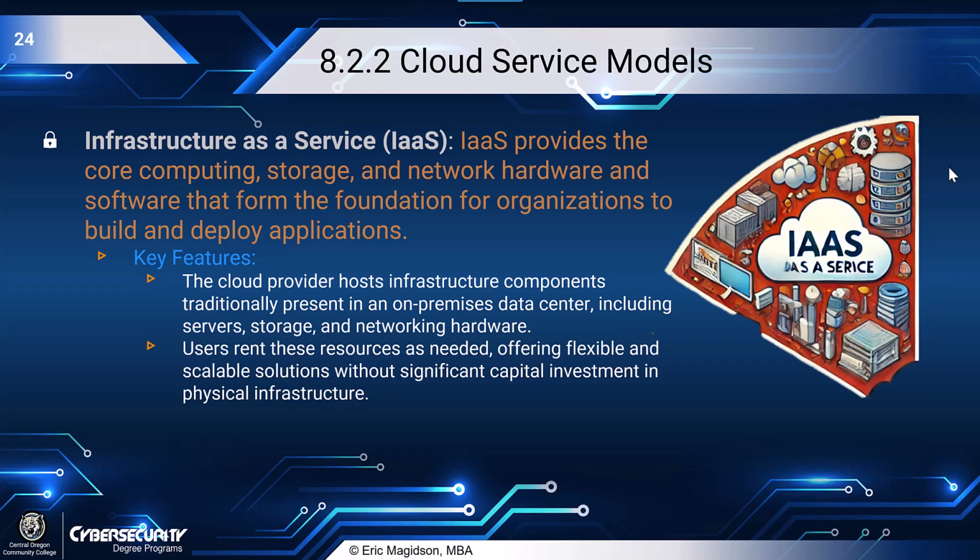So now, not only build and deploy, but maybe the service provider itself has some applications that are available to the client. Okay. So in this case, the cloud provider hosts the infrastructure components traditionally in an on-prem data center, right? Including servers, storage, all the things we need for a local area network that we also need for cloud.